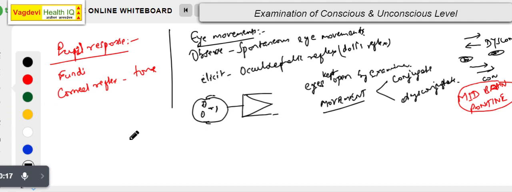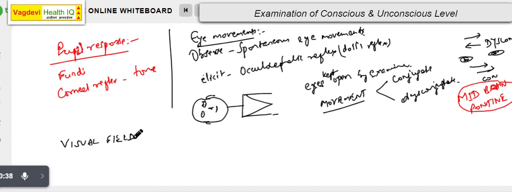Now this is the part which was related to the eye movement. Do you know how to check visual field? I'm sure you all know. Anyway, we will see it in our cranial nerve section also.